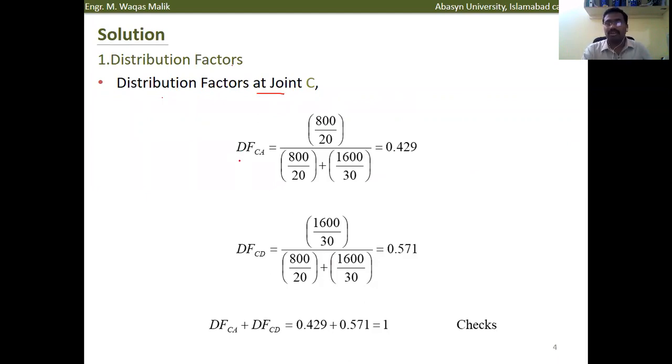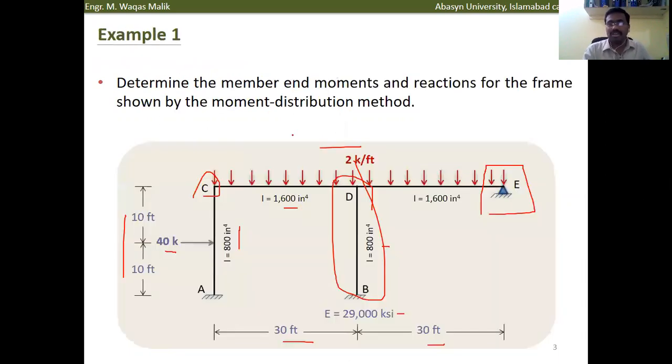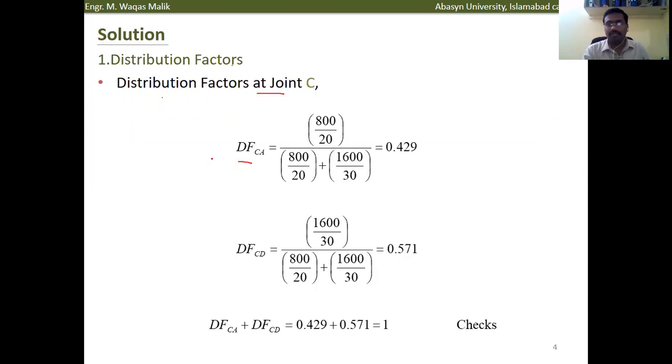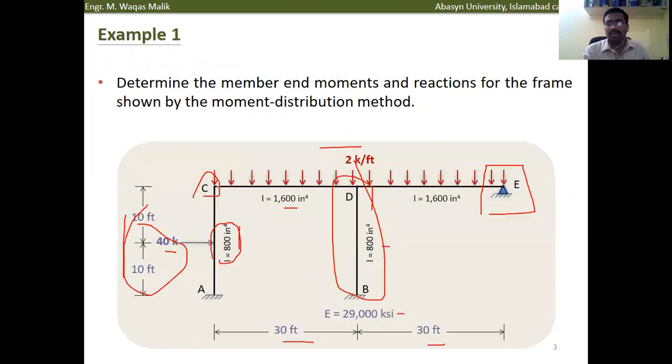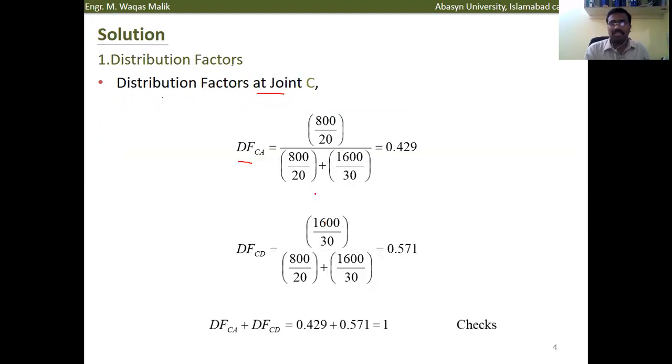The distribution factor at joint C will be equal to the inertia of the member CA, which is 800, divided by the span length, which is 20 feet, divided by the sum for all the members connected at joint C, which are member AC and then CD.